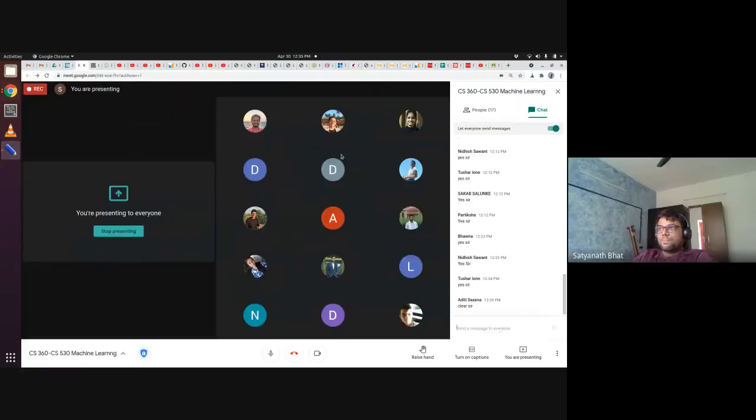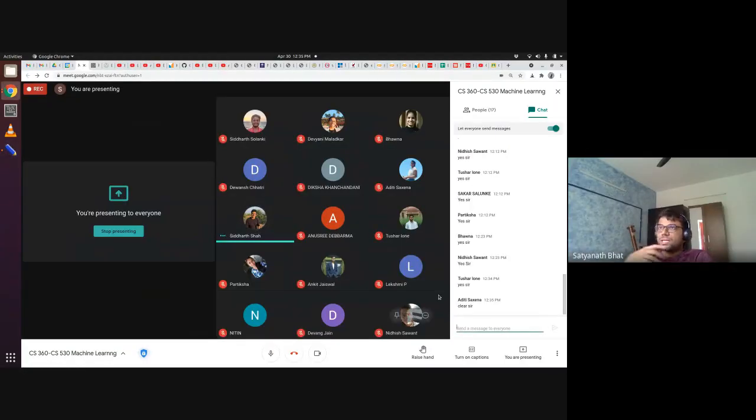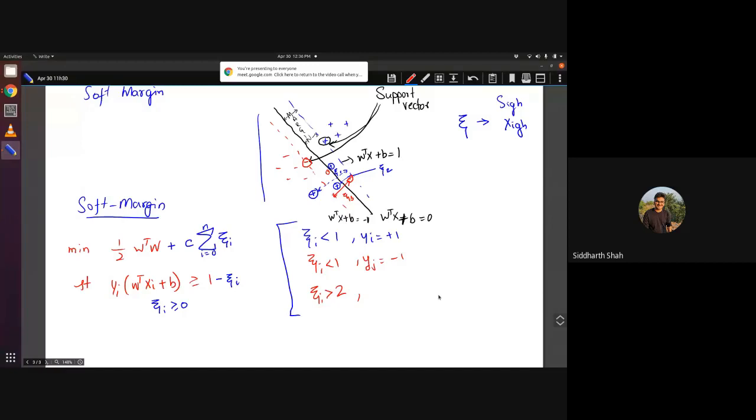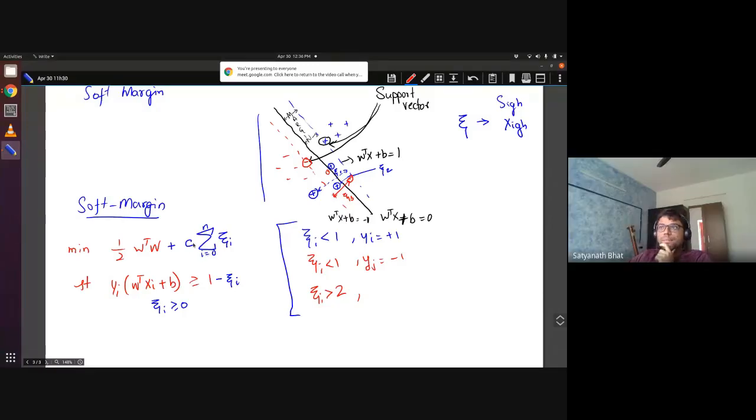Sir, this C. So for those of you who have followed the discussion so far, if you want to drop from the call, it is fine. Yeah, Siddharth, you can continue. Sir, this C, is it given or do we have to choose it? C is a parameter that you will control. Think about it, Siddharth: if we make C very big, what will it try to do?